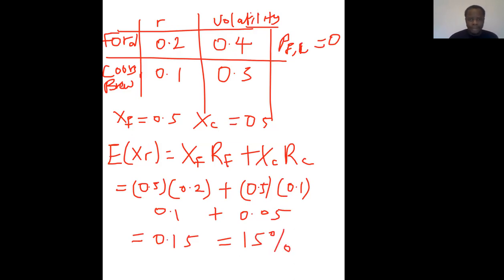Okay, so the next question is about the volatility. What's the formula for finding volatility?